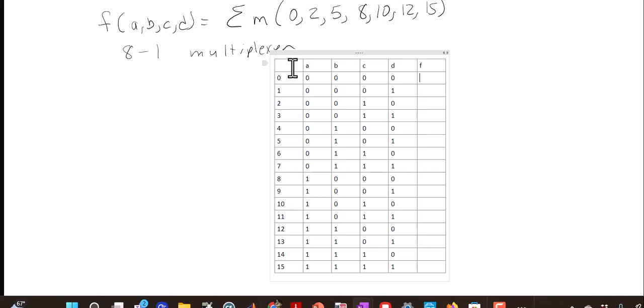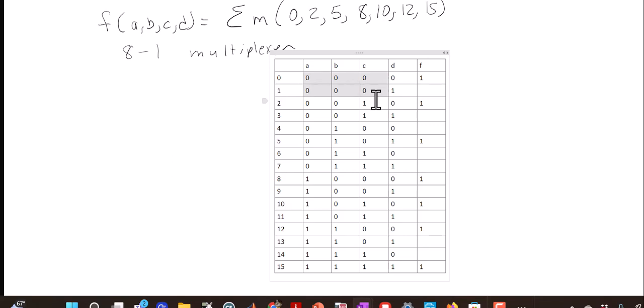Okay, so this is our function, and it has a value of 1 for min term 0, 2, 5, 8, 10, 12, and 15. So these are the ones that are 1s.